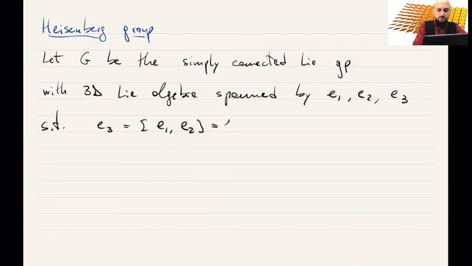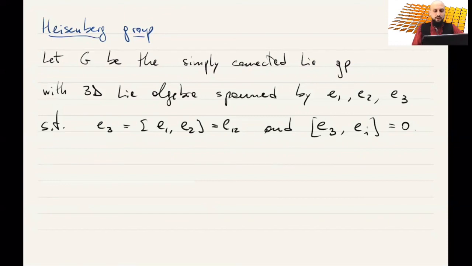So it's the one that we before called E12. And instead, E3 commutes with all the others. Okay, so this defines the algebra, and there exists a unique group for this problem.